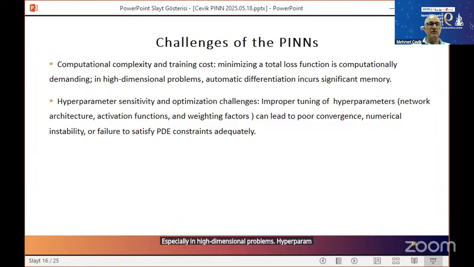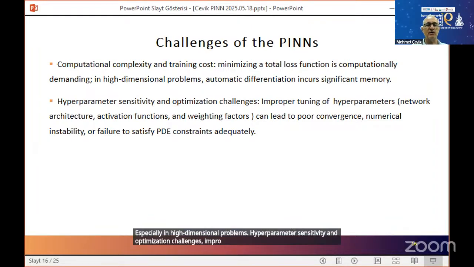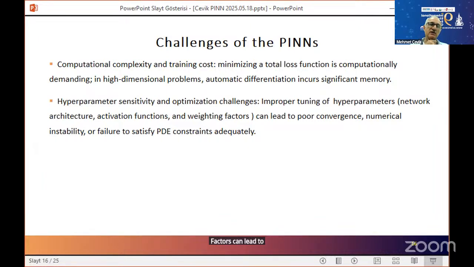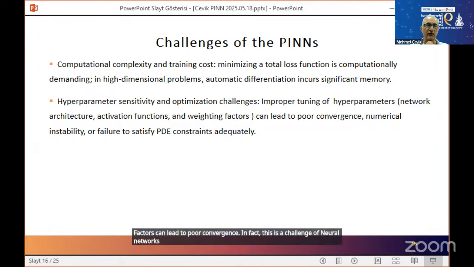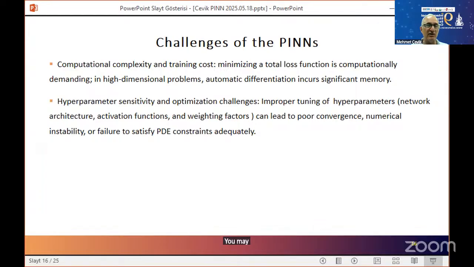Hyperparameter sensitivity and optimization challenges. Improper tuning of hyperparameters, which are network architecture, activation functions, and weighting factors, can lead to poor convergence. In fact, this is a challenge of neural networks. If you start with an improper activation function, you may not reach a solution.